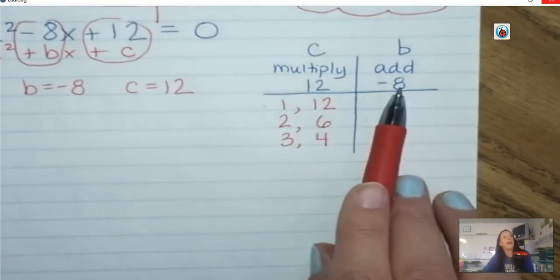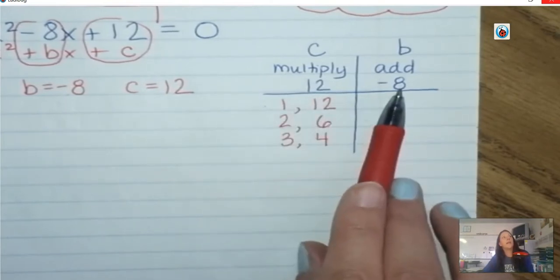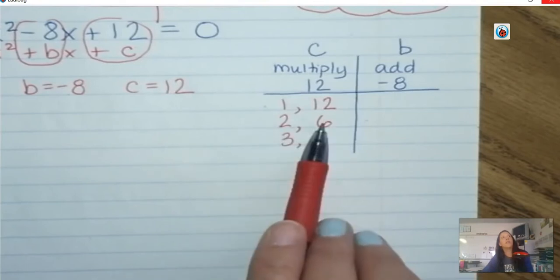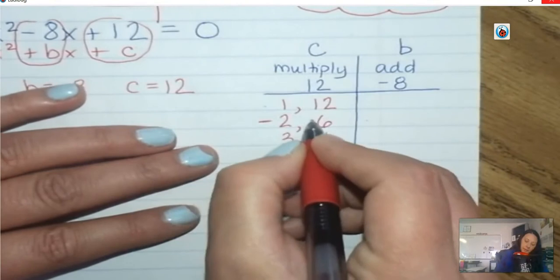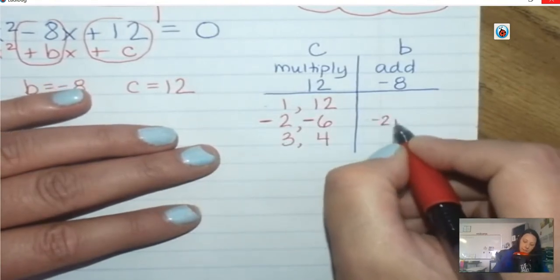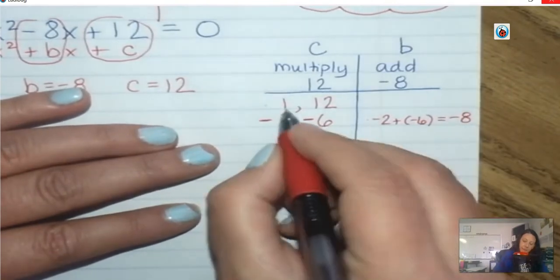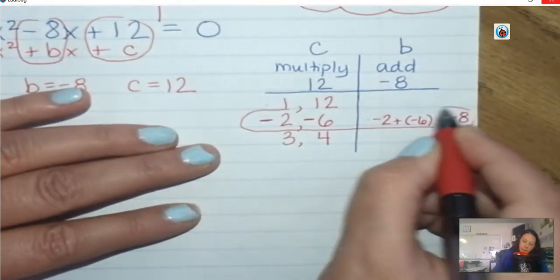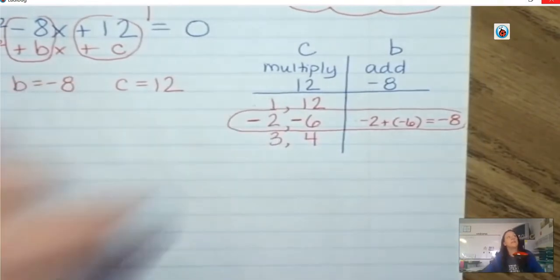It needs to add to be a negative. So if I look at those and think, where can I get a negative 8? Well, I know 2 plus 6 is 8. So if I make them both negative, negative 2 plus negative 6 is negative 8. And then negative 2 times negative 6, a negative times a negative, is positive 12.